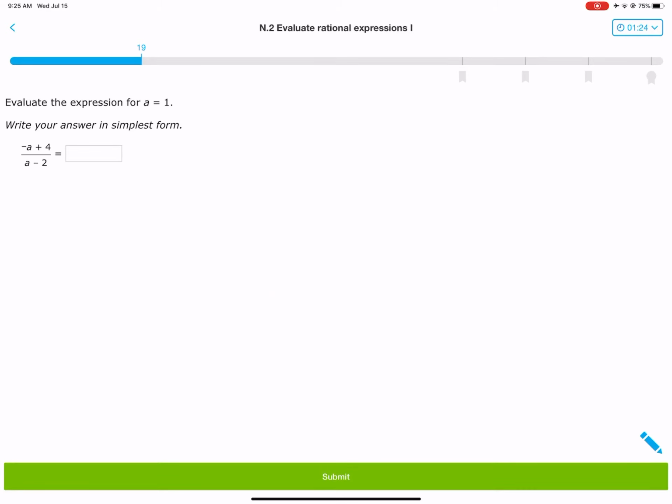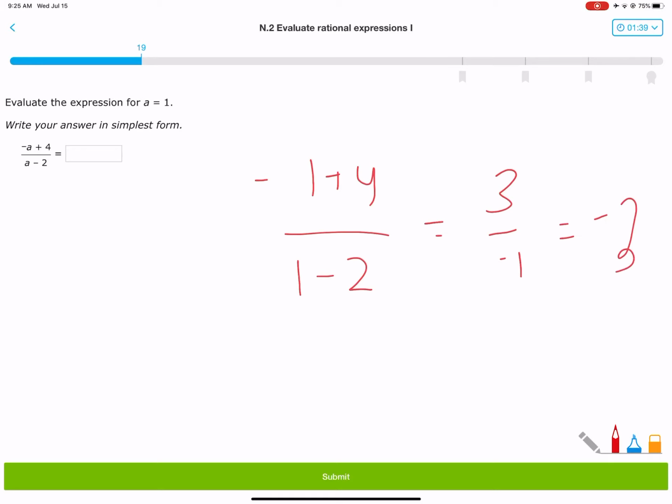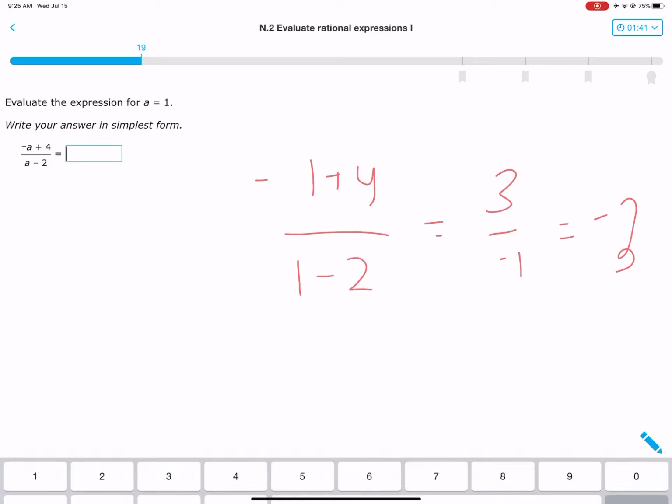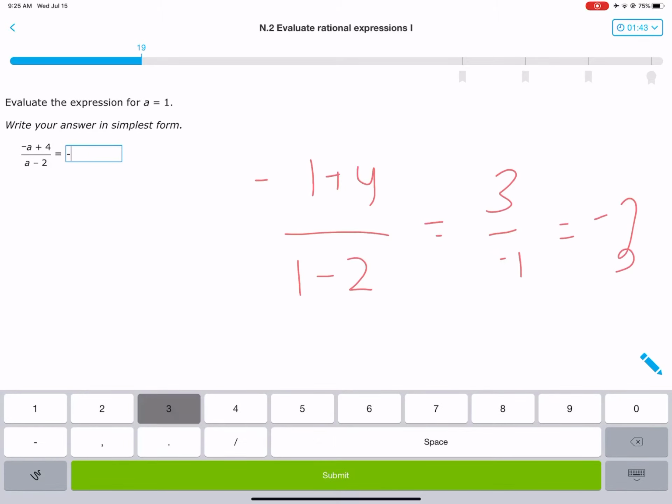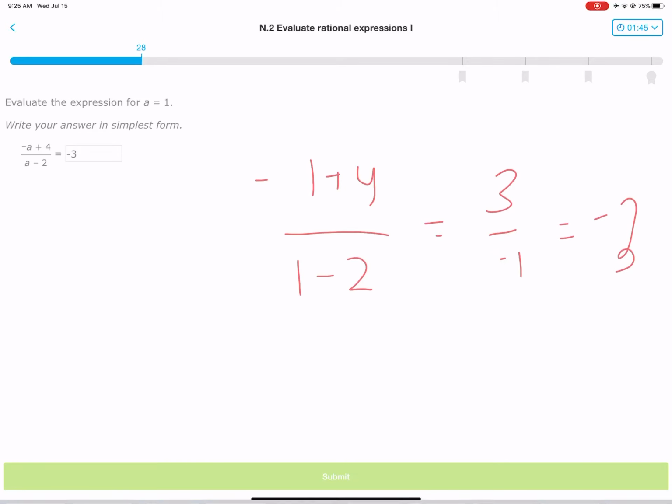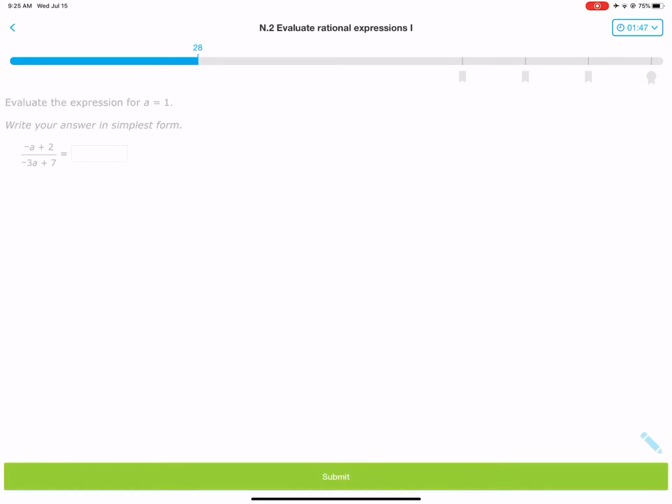Okay, plug in the value for A. -1 plus 4 over 1 minus 2. We get 3 over -1, so the answer is -3.